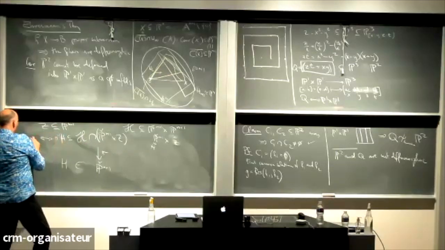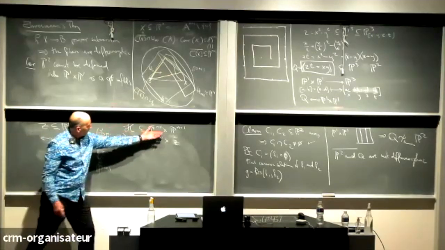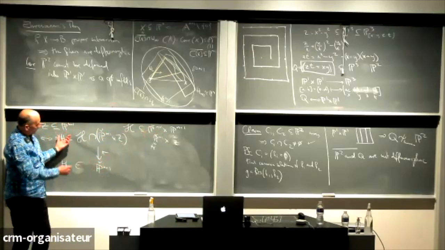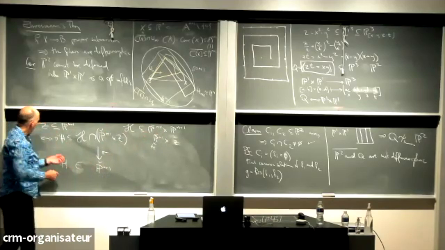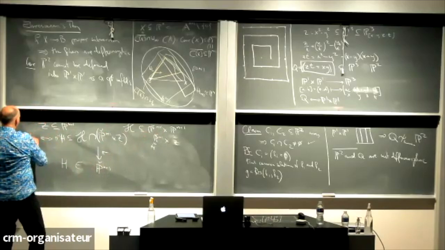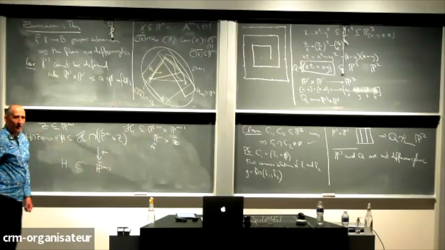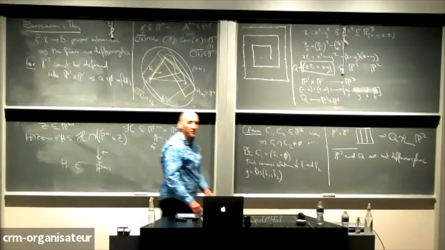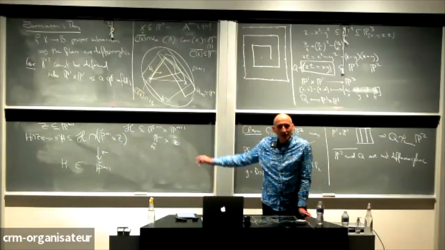So this fiber lives in this product. So this fiber lives in a copy of Pm plus 1 over that point. So in that copy, this corresponds to the intersection of H, this hyperplane, and Z. Does this make sense? This is the most crucial construction of today. So tell me if you have questions.